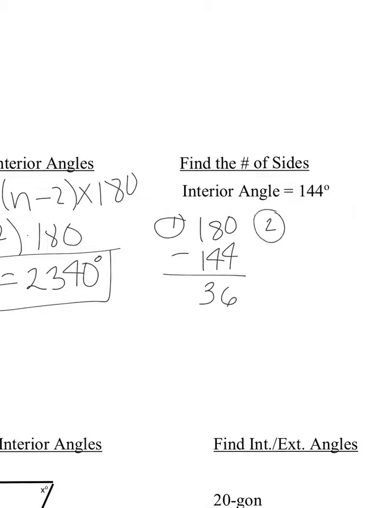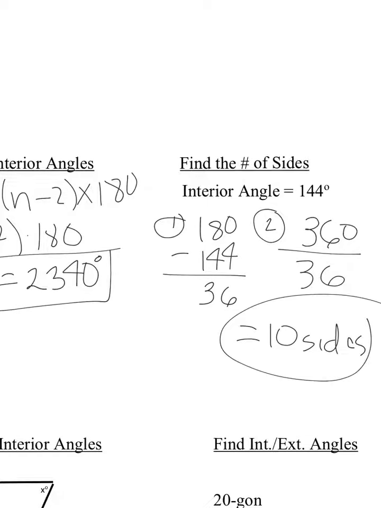The second step is take 360 and divide it by the answer you got. If you're given an interior angle, subtract it from 180, get an answer, divide that into 360, and that will give you the number of sides.